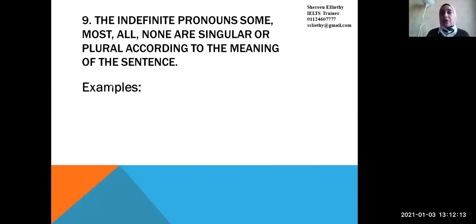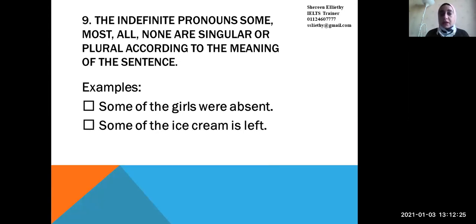However, the indefinite pronouns some, most, all, and none are singular or plural according to the meaning of the sentence. Again, some, most, all, none. Some of the girls were absent. Some of the ice cream is left.